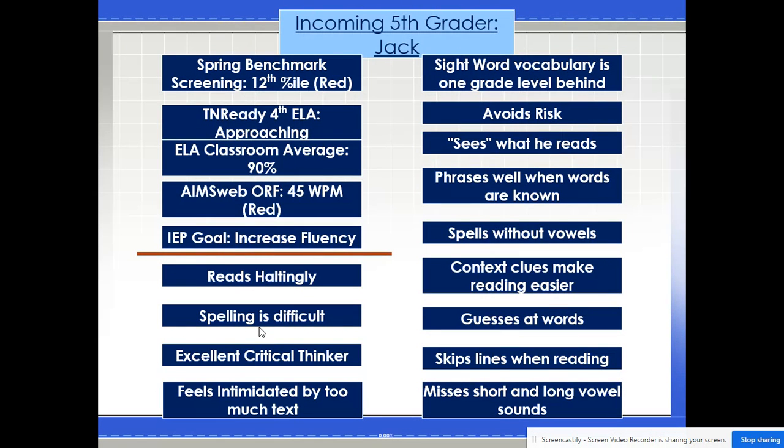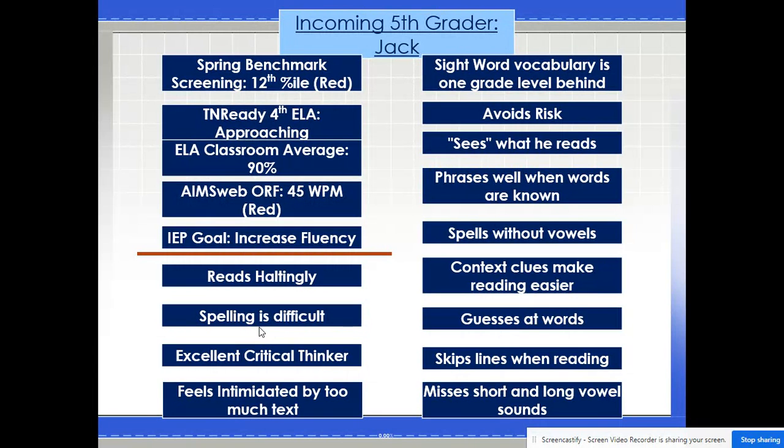All right. Now we have a lot more information about Jack as a reader. And I don't expect any of you to, if you teach reading and if you've taught in lower elementary, you're going to look at that and know exactly what's going on with Jack. Jack is not phonemically aware.